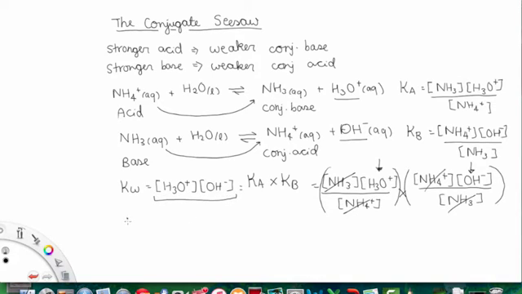So we can simply write Ka multiplied by Kb equals Kw, which is 10 to the power of negative 14.